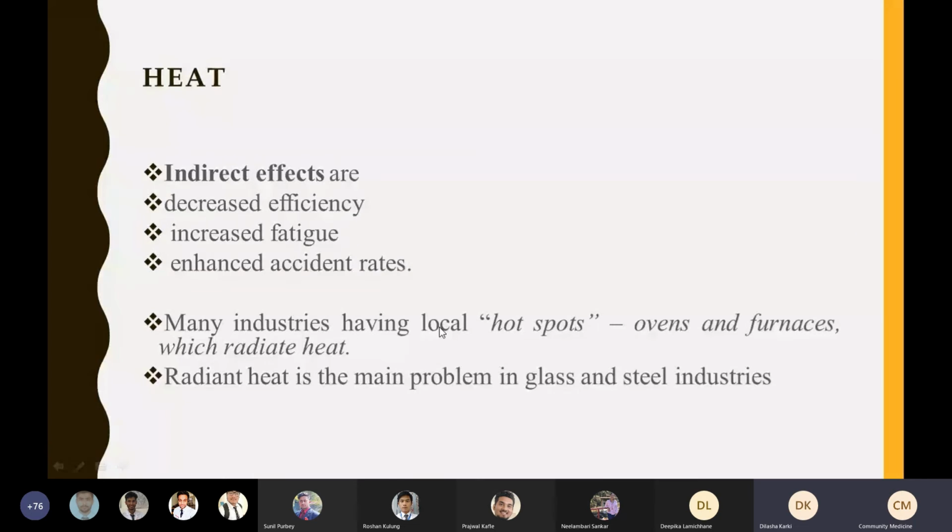Many industries have local hotspots, meaning a room with very high temperature where they need to work with fire, like ovens or furnaces, as in the glass and steel industries.